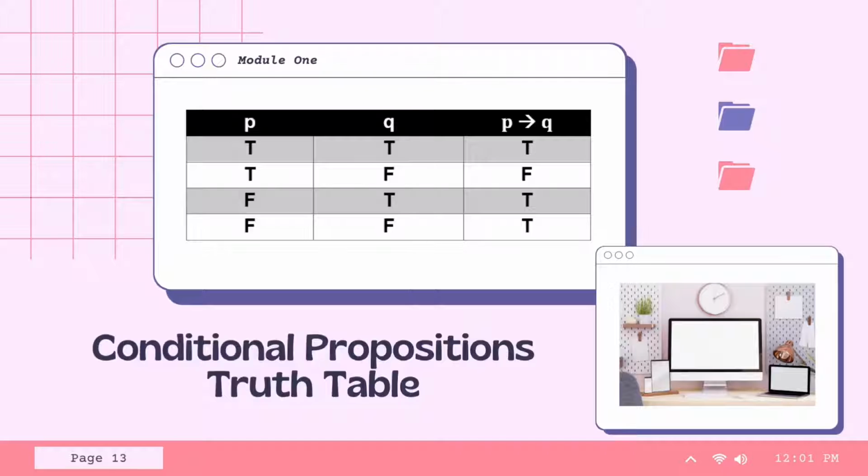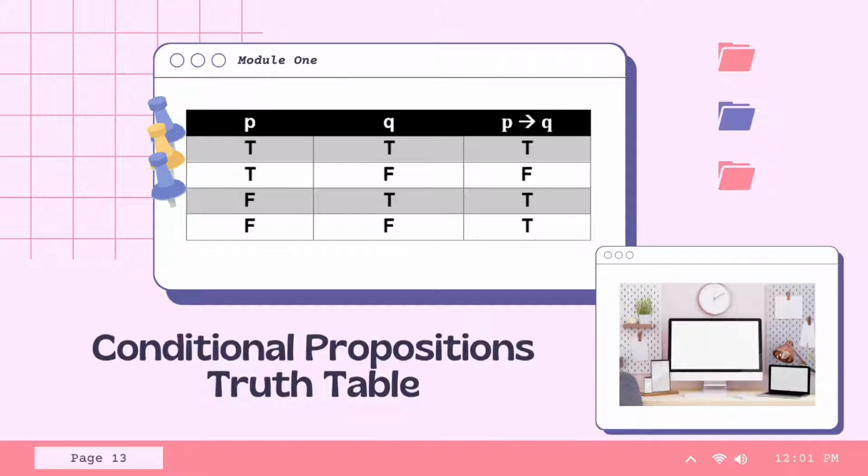If you are going to determine the truth value of a conditional proposition, then you must refer back to this table. Going by the first row, we can see that if P is true and Q is also true, then the statement is true. The second row states if P is true and Q is false, then the statement is false.